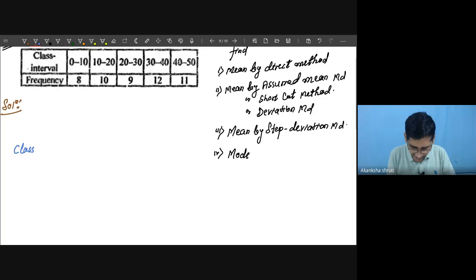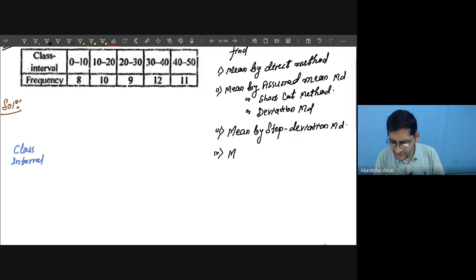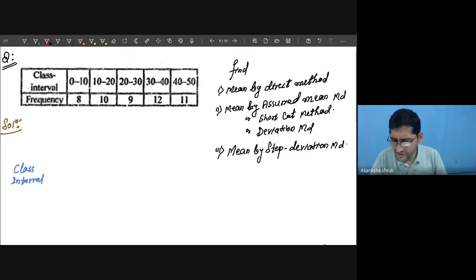Class interval here is given as a range. I will calculate the mode later, so let me create space here. The fourth one will be our mode.